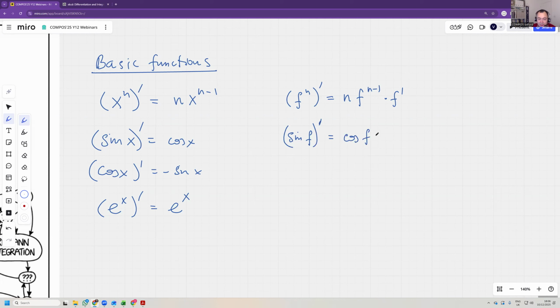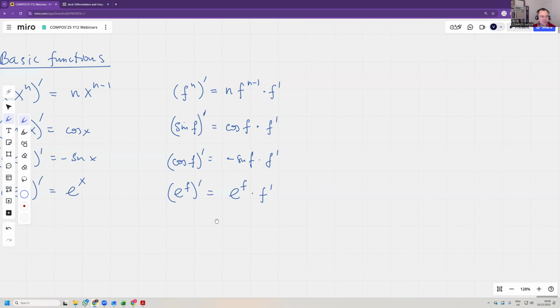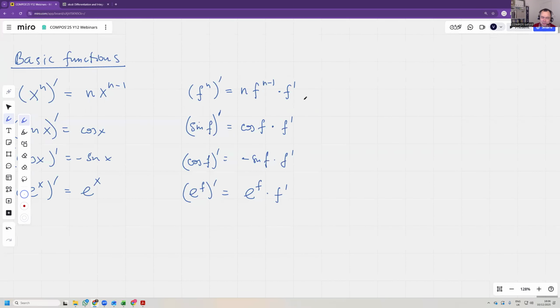So cosine f multiplied by f dash, and the derivative of cosine f is minus sine f times f dash, and the derivative of e to the power f is e to the power f multiplied by f dash. Brilliant. I should clarify what I mean by that. This is just the chain rule.